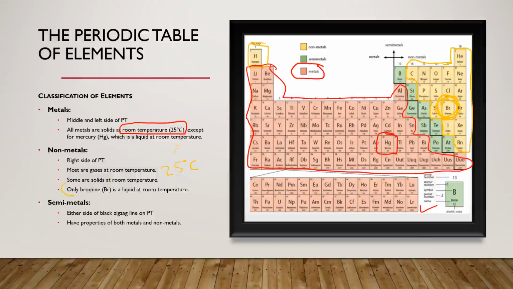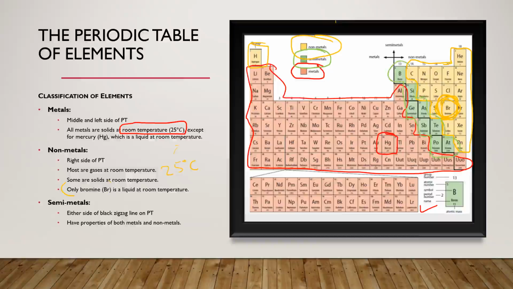Now semi-metals, the green color. Let me just do this for my OCD brain. Yes, okay, so green. Semi-metals are on either side of the black zigzag line on the periodic table. I'm pretty sure that most periodic tables that they give you will have the zigzag line, so it'll help you a lot with this. These are your semi-metals.